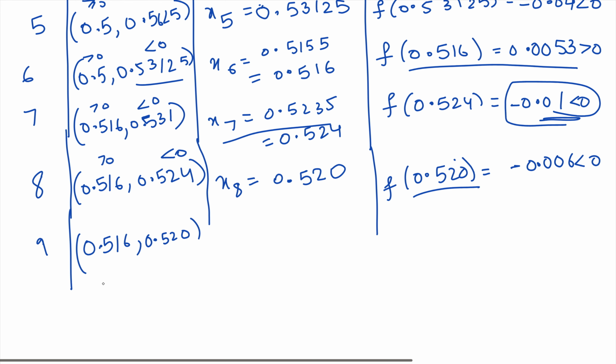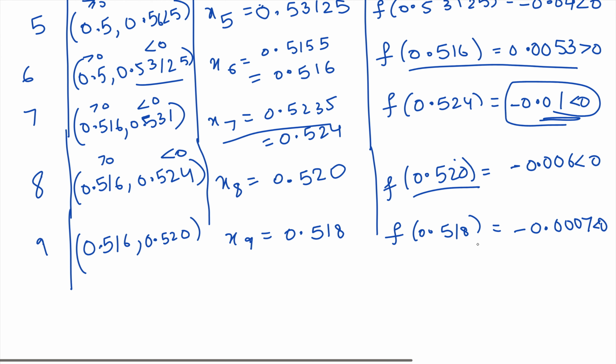So 0.516 comma 0.520. Now x9 is 0.516 plus 0.520 divided by 2, which is 0.518. Now f of 0.518 is minus 0.0007, which is less than 0.